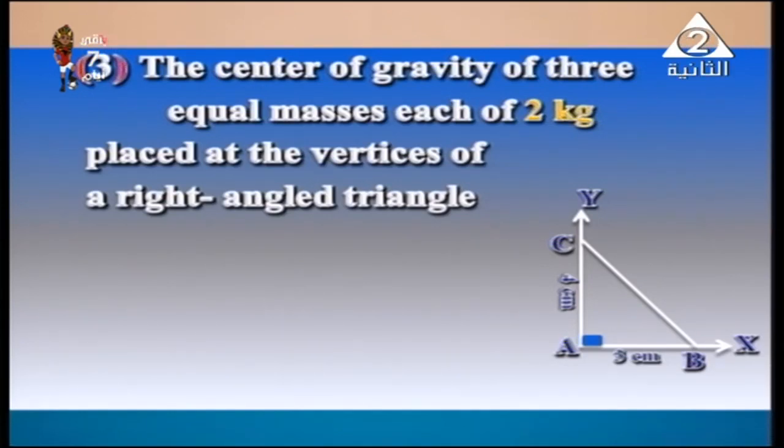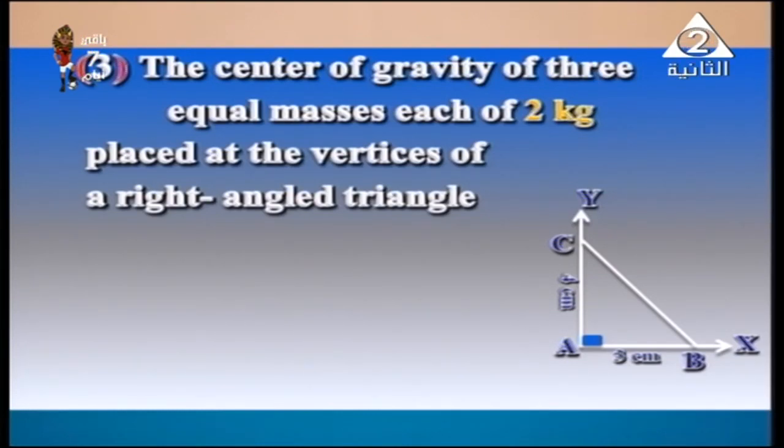My dear student, what is the center of gravity of 3 equal masses, each of 2 kilogram, placed at the vertices of a right angle triangle whose two legs of the right angle are 3 centimeter and 4 centimeter?